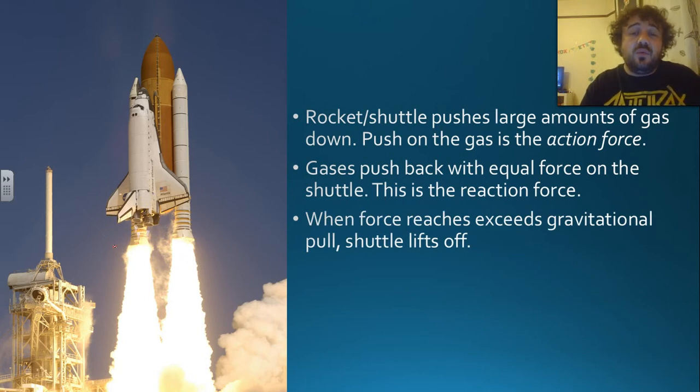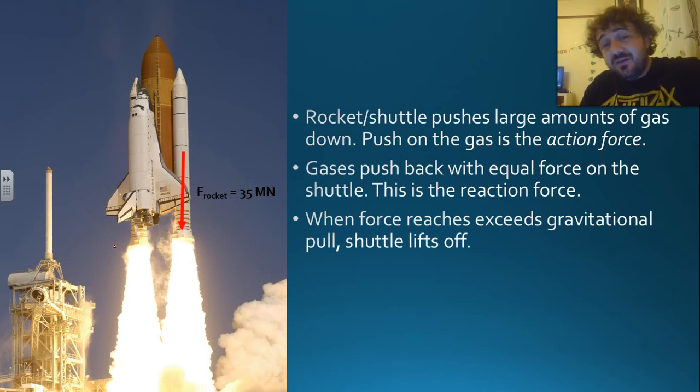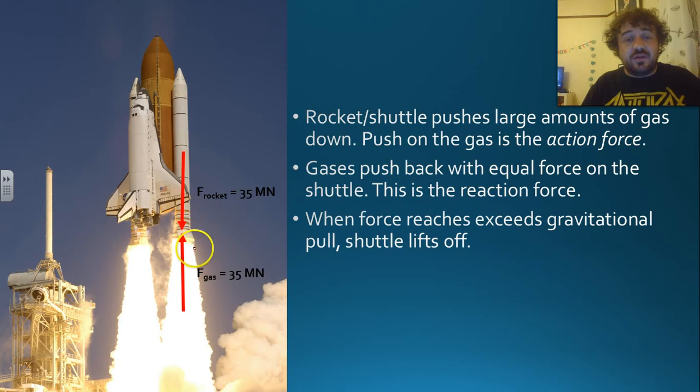So when the force that the shuttle is pushing down the gas with exceeds the gravitational pull, the shuttle lifts off. You see here the rocket pushes down with 35 meganewtons, that's 35 million newtons. It pushes down on the gases, and then the gases push back up.